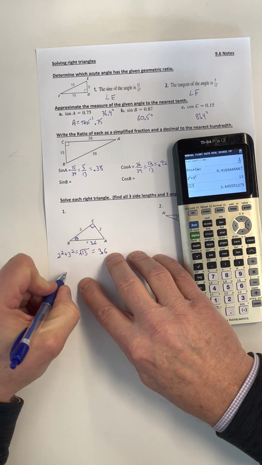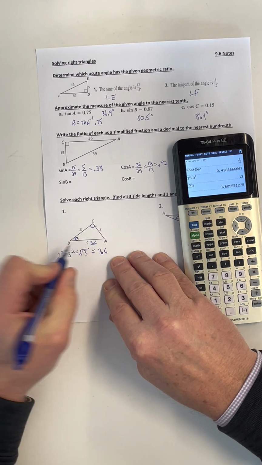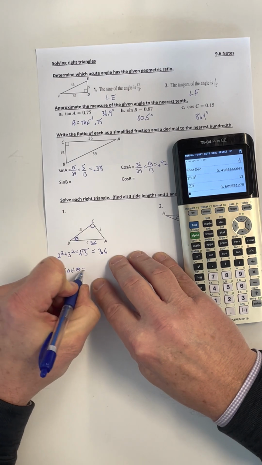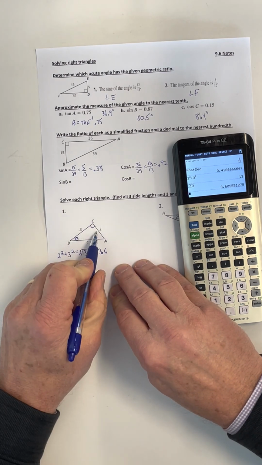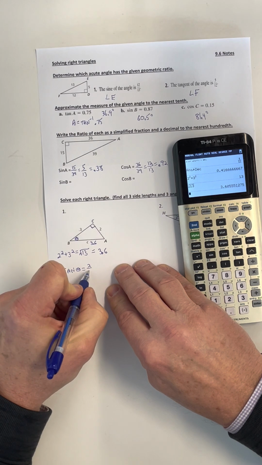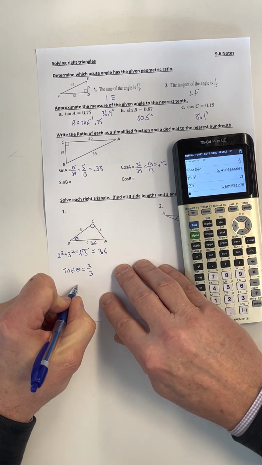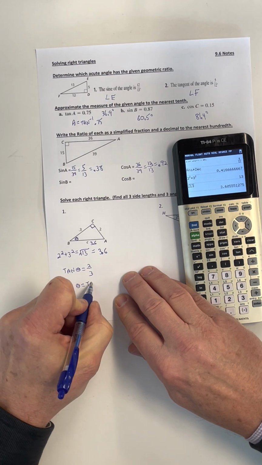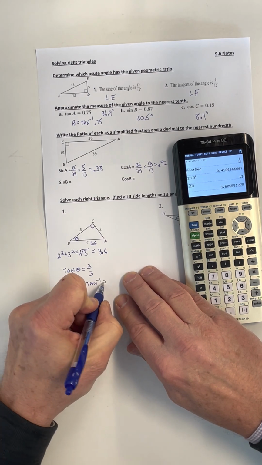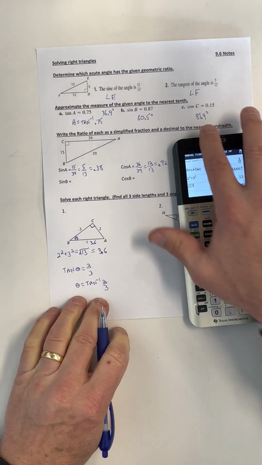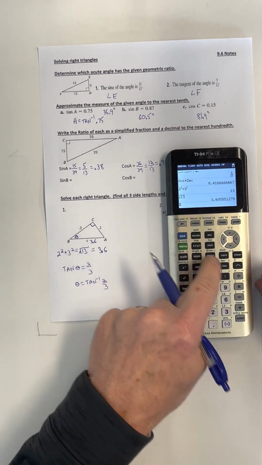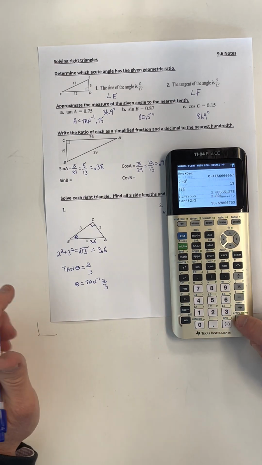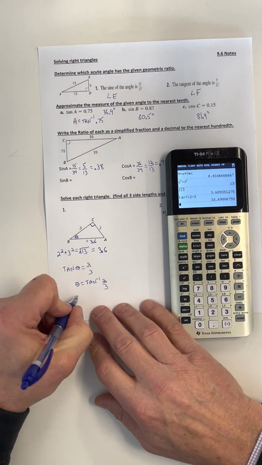So from this angle position, it's going to be tangent of theta is equal to the opposite over adjacent. Then switch, since it's an inverse function, because you're looking for the angle, switch it to the inverse. And then type it in the calculator. Second tangent, 2 divided by 3, is about 33.7 degrees.